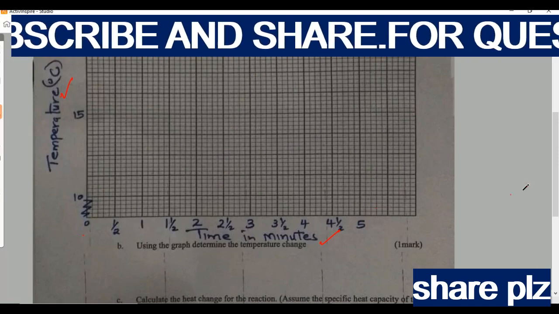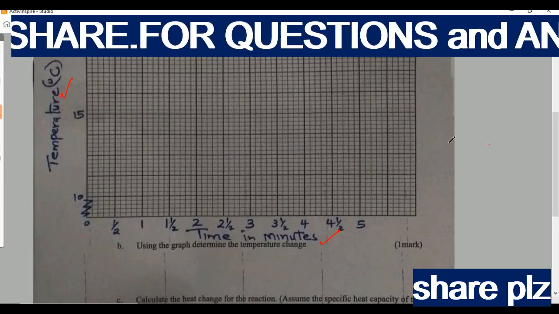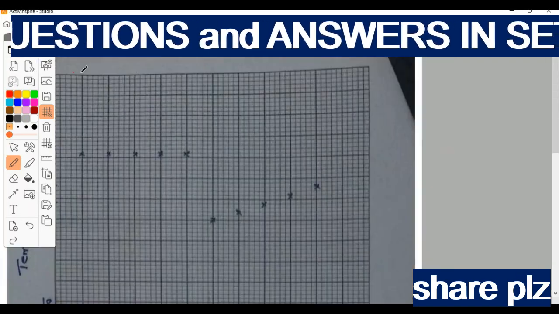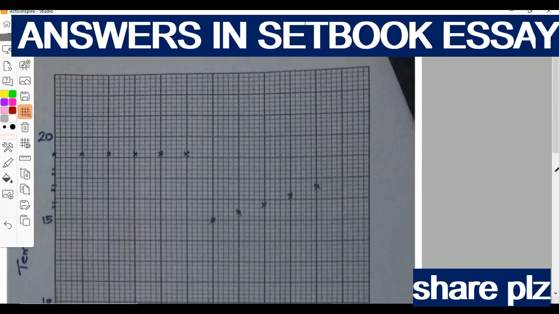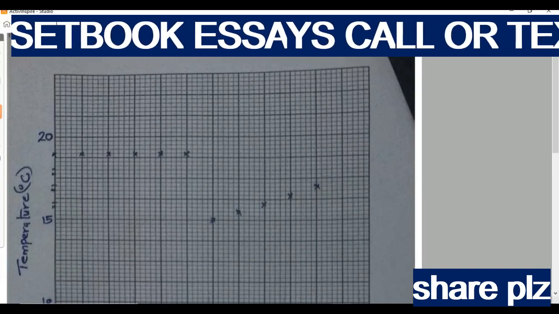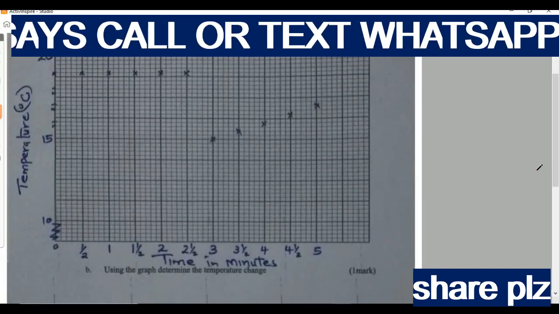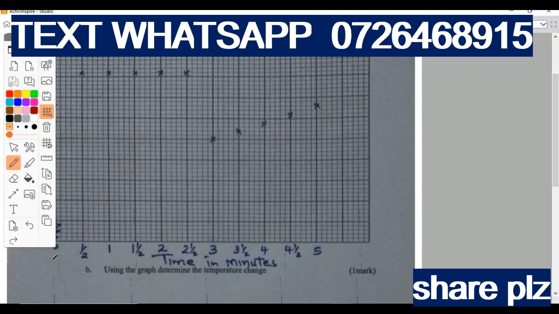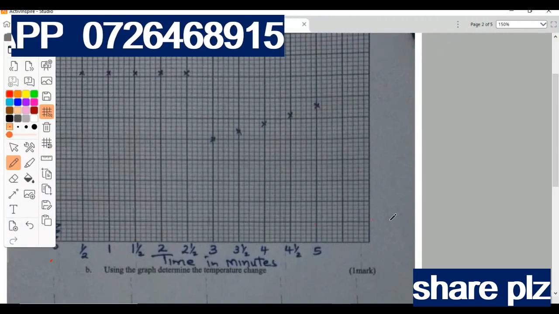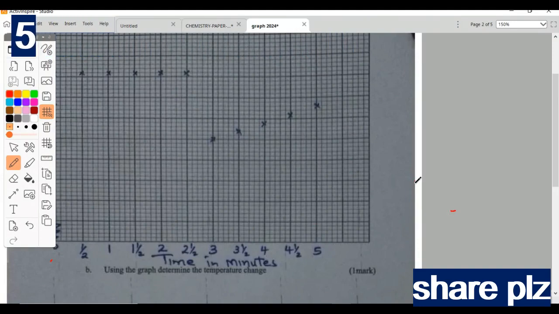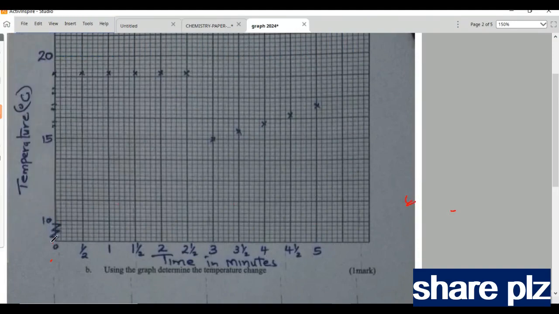Then after labeling, you need to put the points. I have given my scale here. I've broken my graph from 0, like this. So I have started at 10 and then I have given 1, 2, 3, 4, 15.